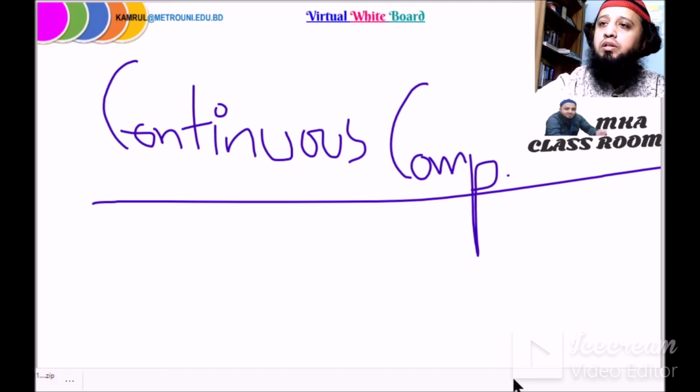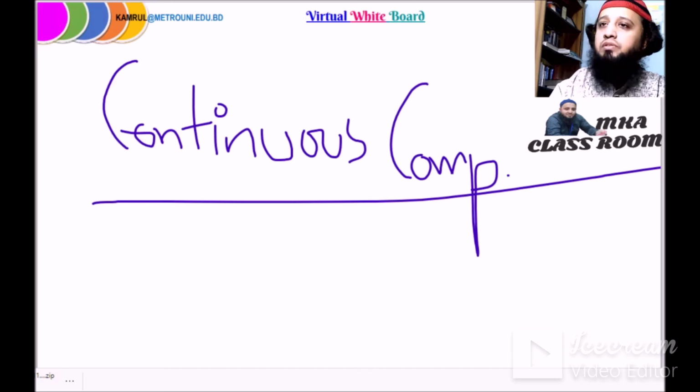Continuous compounding means compounding of interest an infinite number of times per year, at intervals of microseconds. So continuous compounding involves every nanosecond.